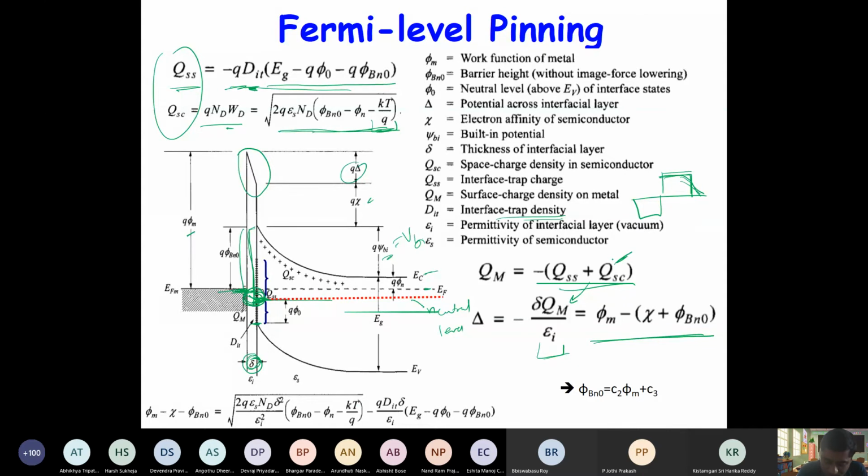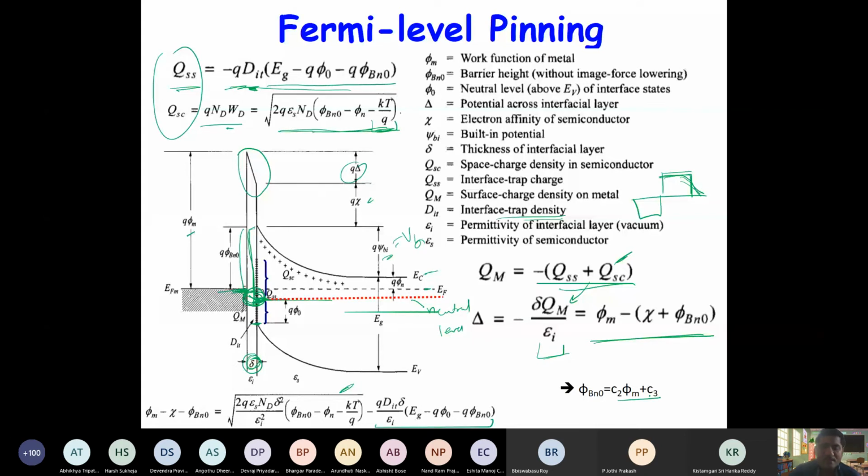So if you ignore the space charge part, you will have this equation: phi m minus chi minus phi b n naught is some coefficient times Eg minus q phi naught. So you can basically write phi b n is a sum of phi m plus some constant.